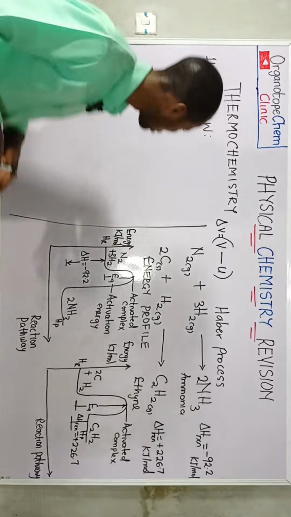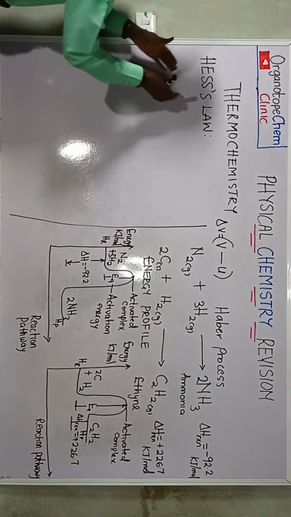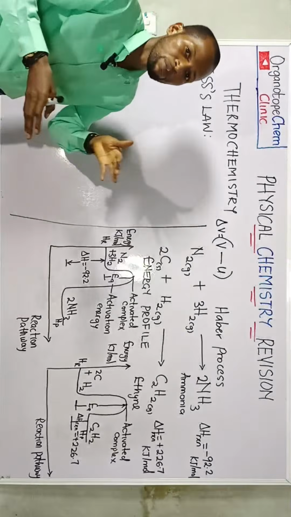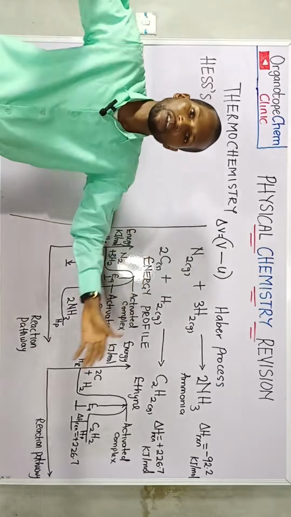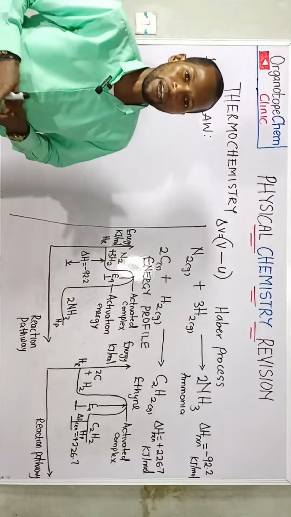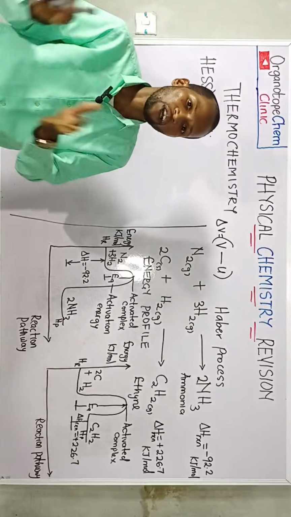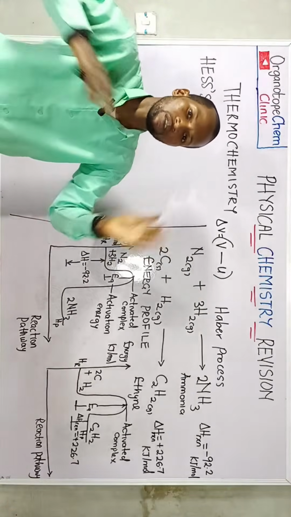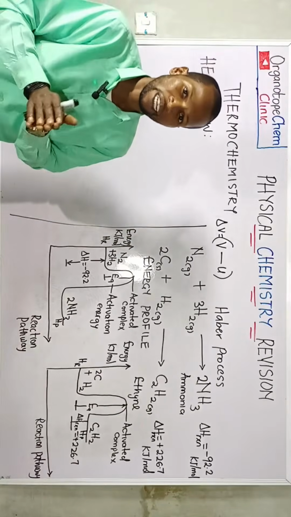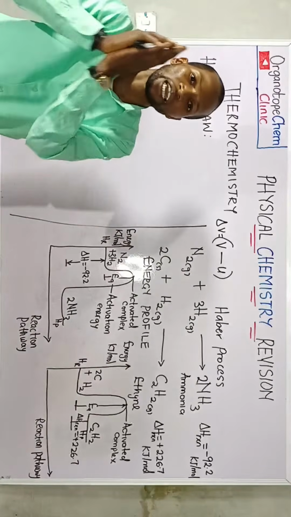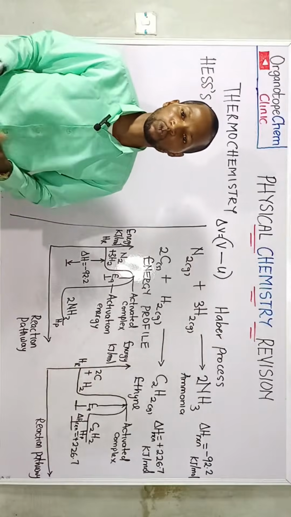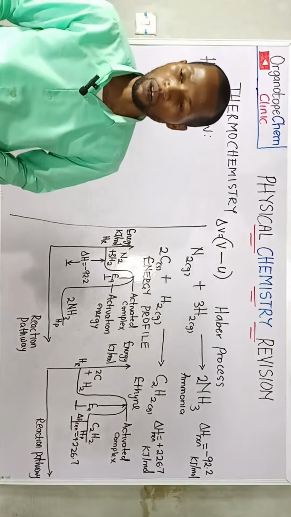By the time you add up the enthalpy of the individual reactions together, it will be equal to the enthalpy of reaction. That is what Hess's law is all about.